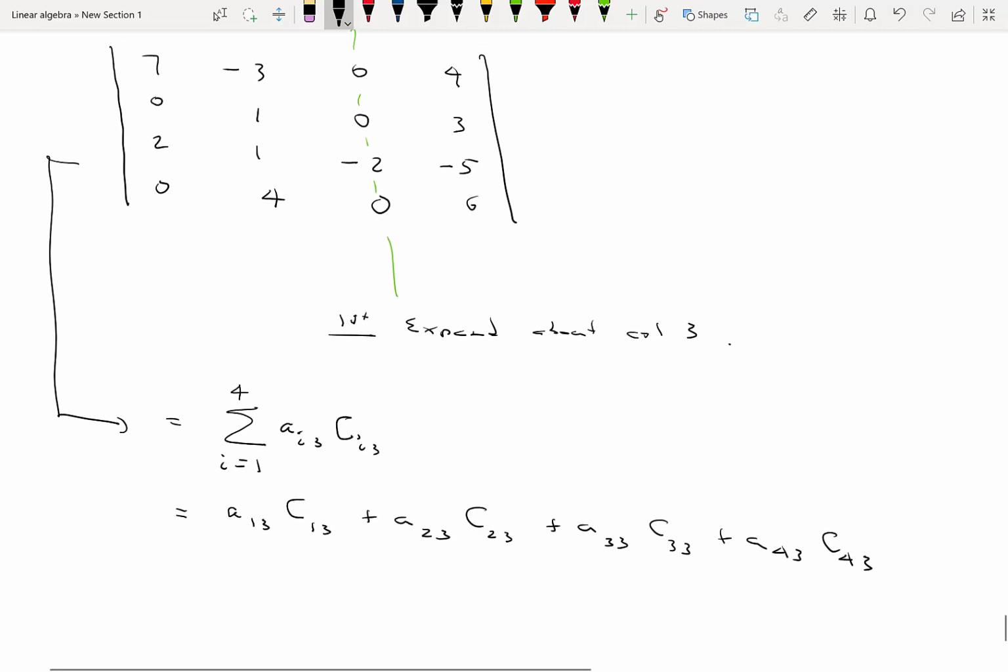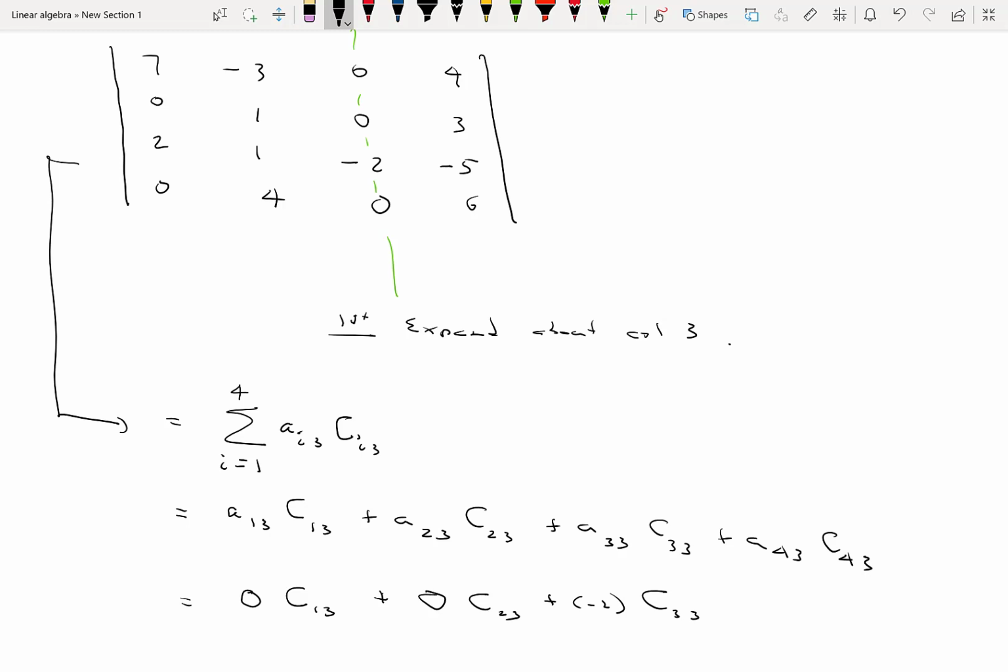Now notice that in column 3, there's only one non-zero entry. This is 0 times C13. A23 is 0, so 0 times C23. A33 is the only non-zero entry in that column.